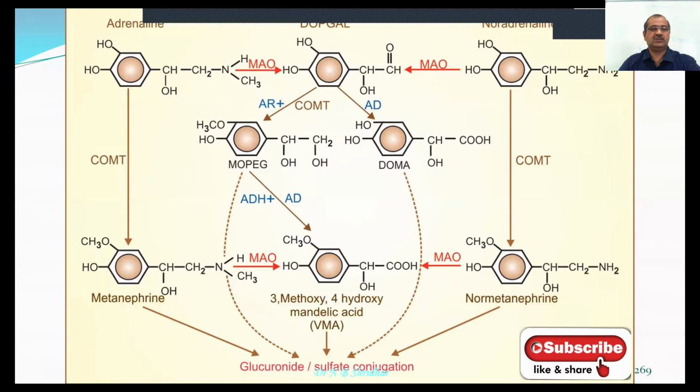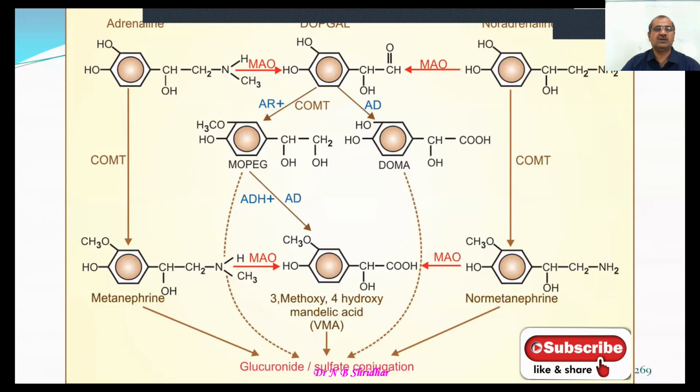Yesterday we learned that MAO and catechol-O-methyltransferase both have significant action in metabolism. However, compared to the very fast and stringent action of acetylcholinesterase, it is not so powerful a system.